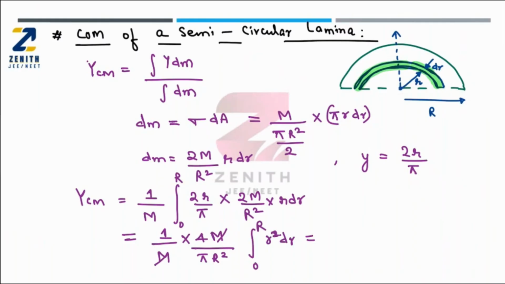Now if you solve this, then you will get, because r square dr is r cube by 3, 4r by 3 pi. That is nothing but the center of mass of this semicircular lamina. So you got the center of mass for this semicircular lamina as 4r by 3 pi.